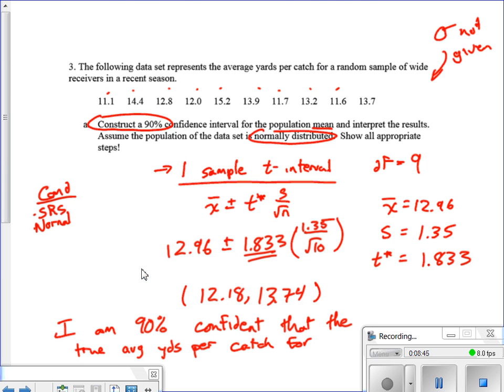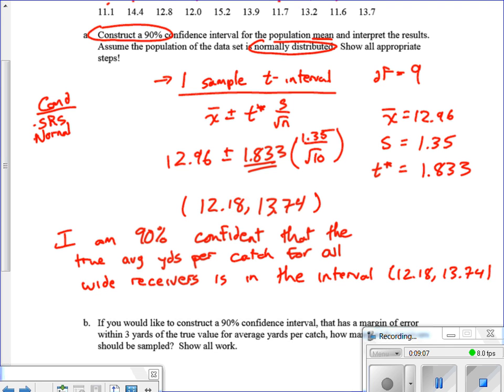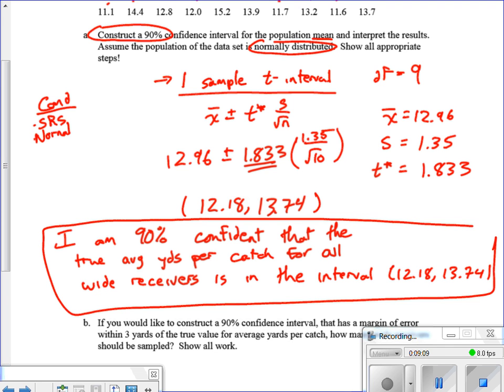So based on this sample, we're making a claim about all wide receivers is in the interval 12.18 to 13.74. Don't forget this sentence. That's a big part of it. We gave context.